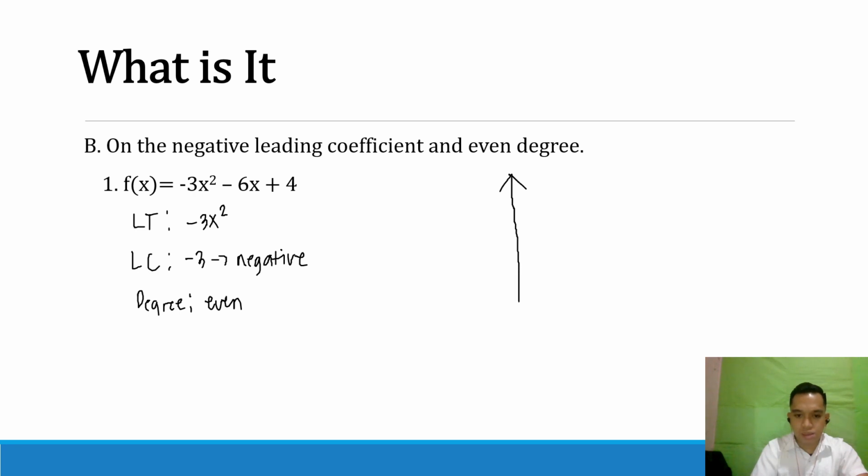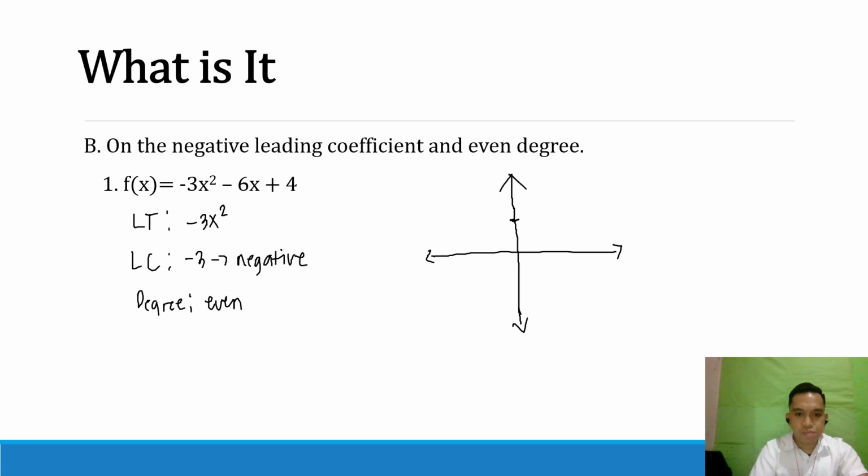Dadaan siya class sa positive 4. Sa ating y na positive 4. So since positive 4 yung dulo mo dito, so dadaan yan dito sa, example, dito yung 4 mo. Dadaan dyan yung ating graph. Okay?